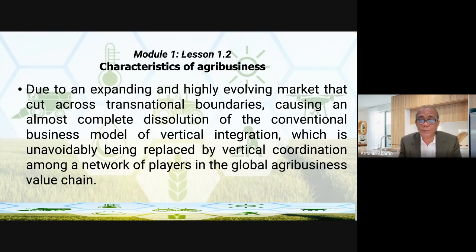Due to an expanding or highly evolved market across transnational boundaries, agribusiness is actually now becoming global. It's not only a vertical alignment of various functions, but it also becomes a network of players in the global value chain of agribusiness.